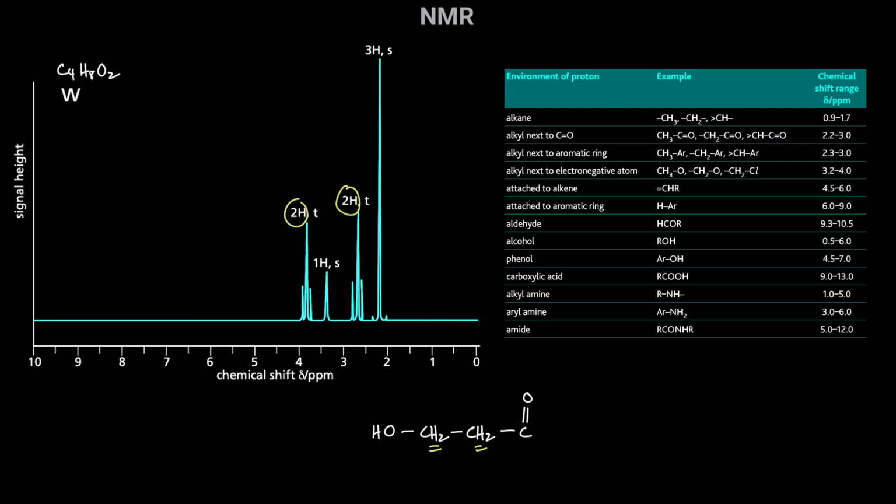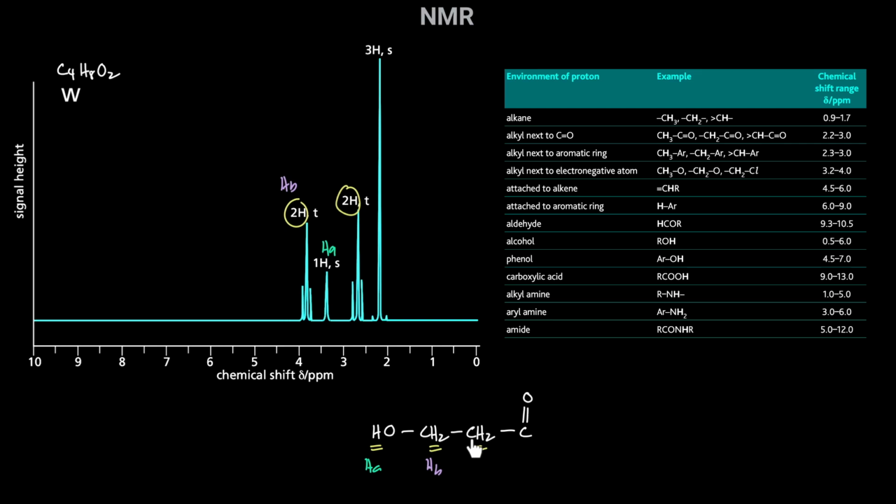So what we've identified so far is this OH proton, which I'm going to call HA. Then we have this CH2 proton, which I'm going to call HB. This is directly bonded to the oxygen, so it shifts in the range 3.2 to 4 parts per million. So that's HB.